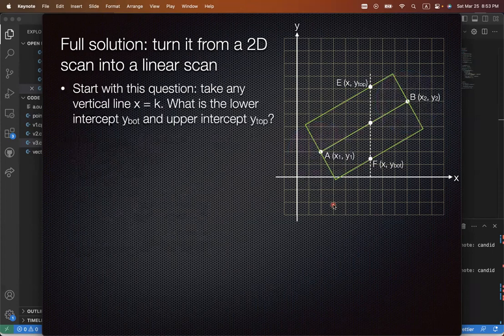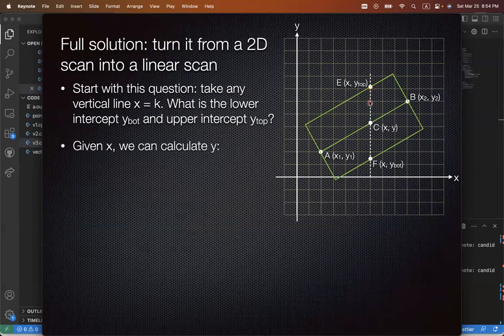So let's start with this question. Take any vertical line. What's the lower intercept, y bottom, and the upper intercept, y top? We'll need to do some algebra to figure it out, but it's not entirely impossible. So given x, we need to calculate the y first, y being the y coordinate of C, given that x lies along the line AB. We've done it before, right?